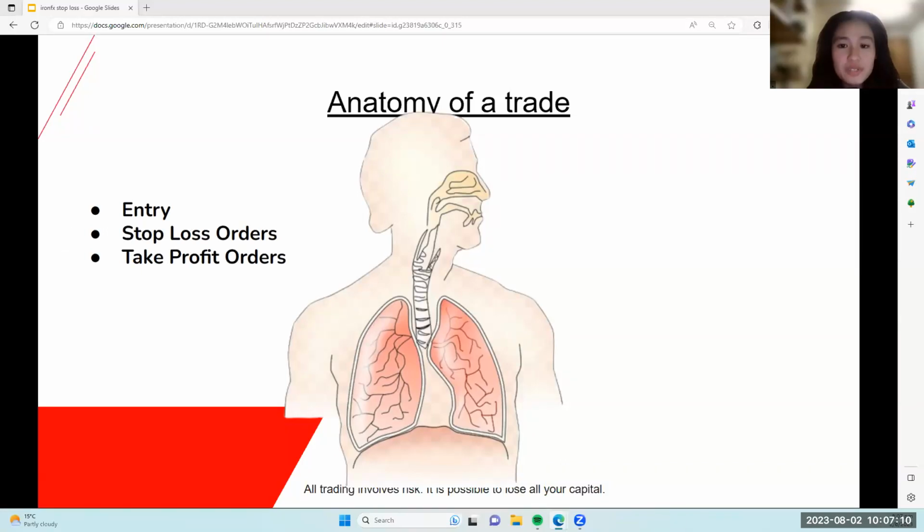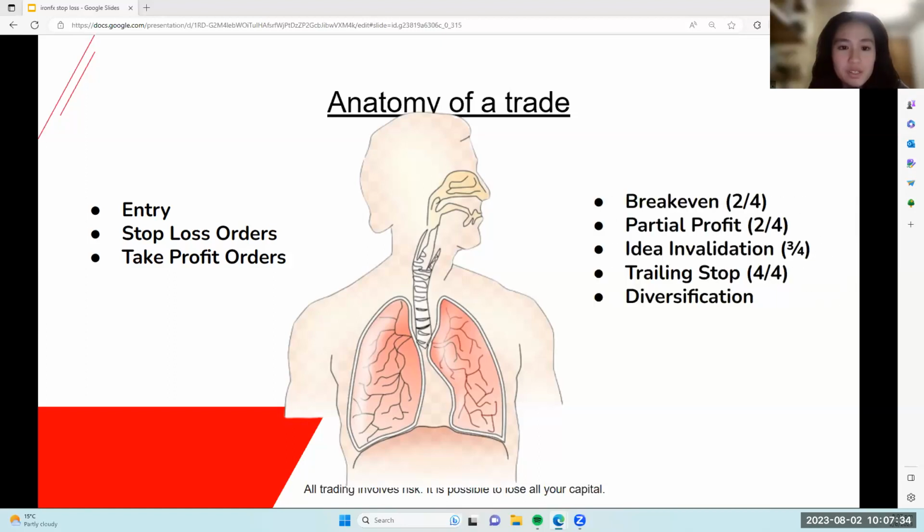Trade management refers to the process of managing open trades in the financial markets to maximize returns and minimize risk. The anatomy of a trade consists of the entry, your stop loss orders, as well as your take profit orders.